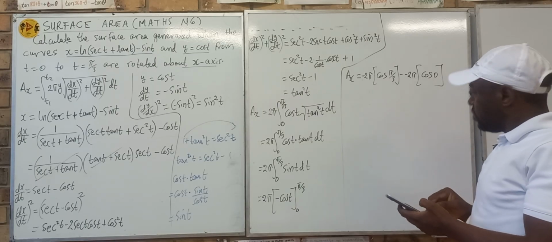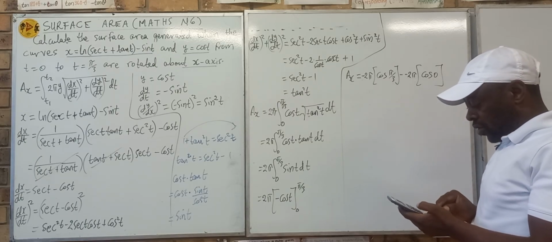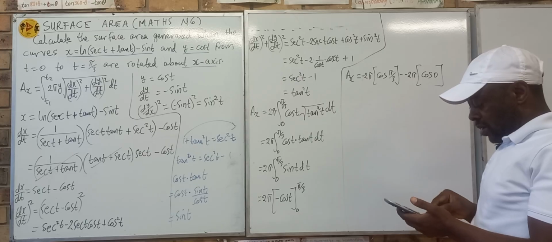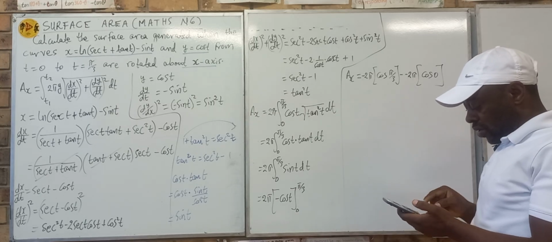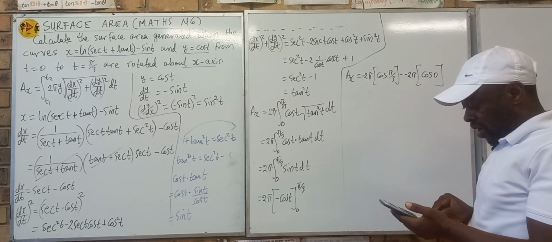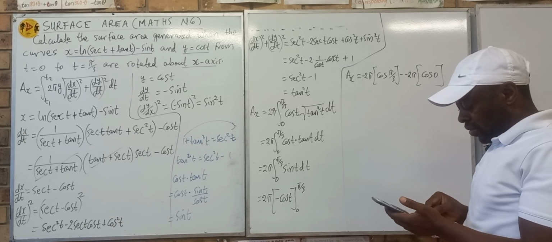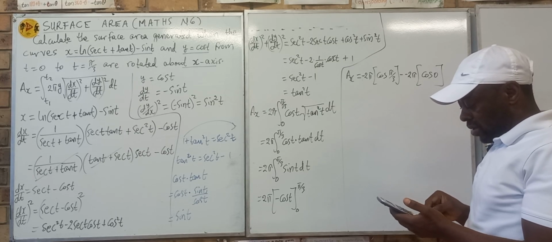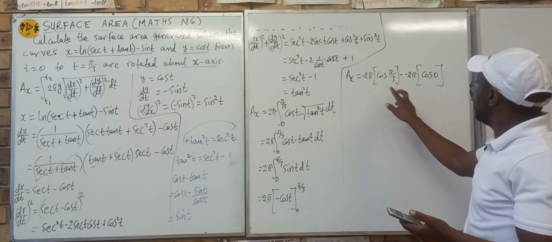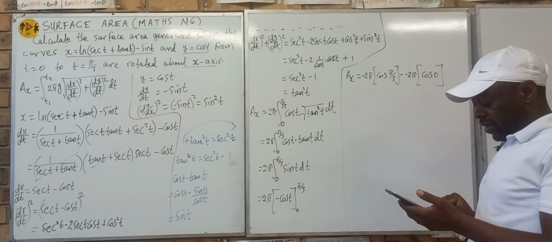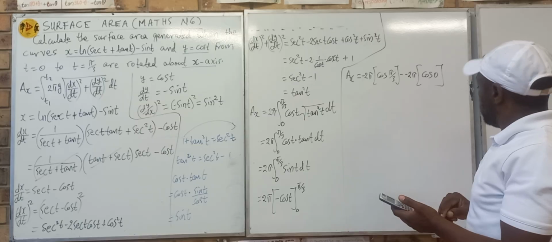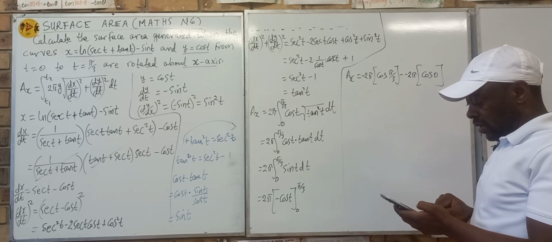I'm taking negative 2 pi times cos pi over 3. So that is what I get. That's my upper limit, and there are 2 negatives, then I create a positive, then I take cos 0.